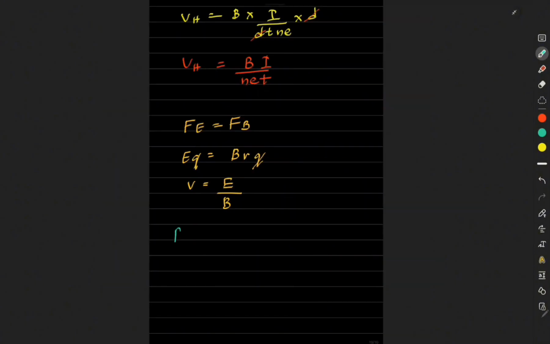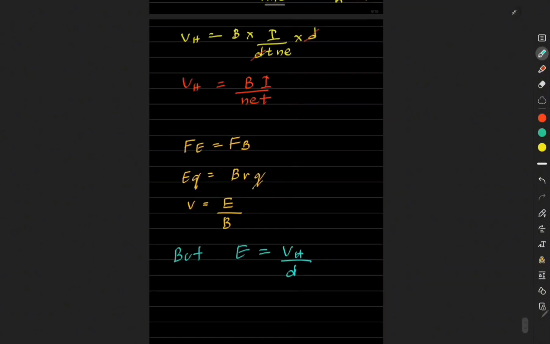But E is equal to VH over T. This is number 5 and this is number 6.